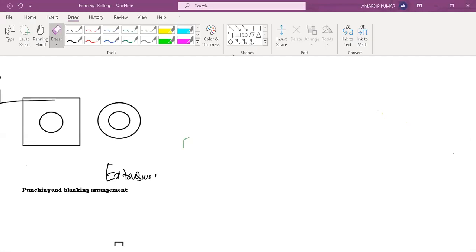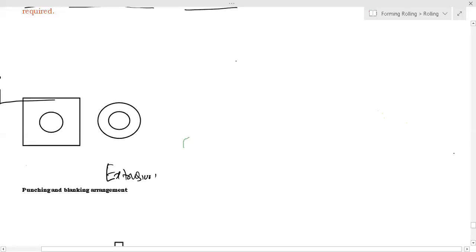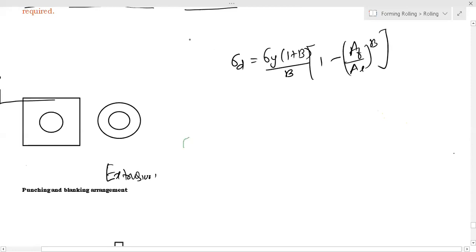For people who missed the class on extrusion, I wrote one formula for stress, sigma d, the developed stress, as in drawing stress. We use the same formula, sigma y into (1 plus B) divided by B, into (1 minus A final by A initial) to the power B, here for extrusion.